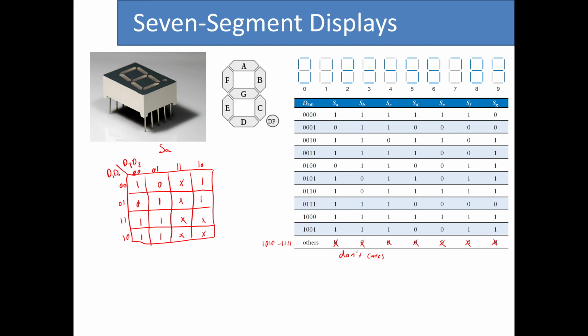So now we have this case. As you can see, now a lot of the cells in the truth table are don't care. So if we want to come up with the Boolean equation, we can create larger circles. That helps us to simplify our function even more. So this is an 8-cell circle that I can draw.